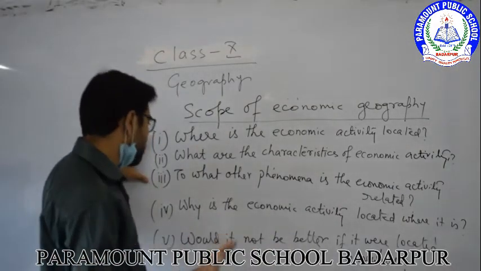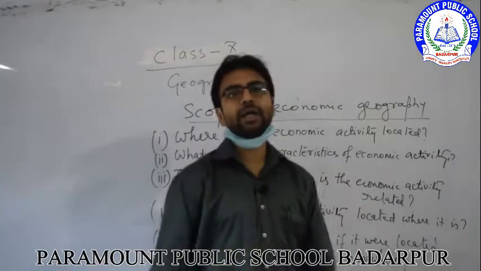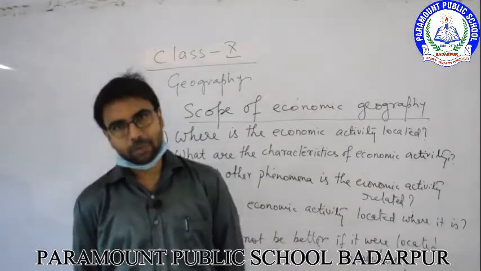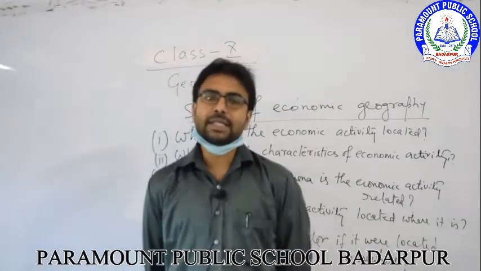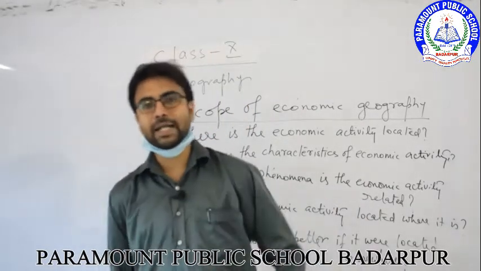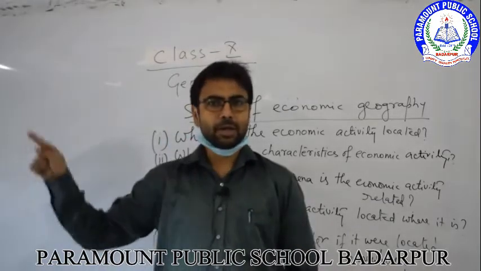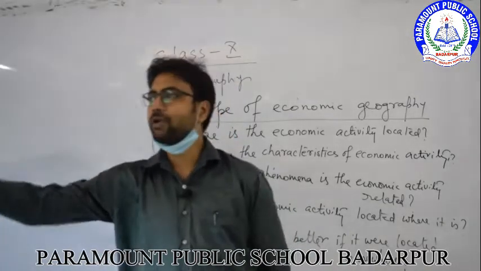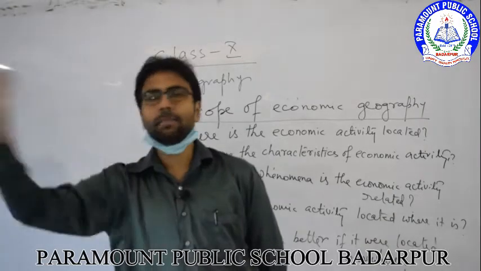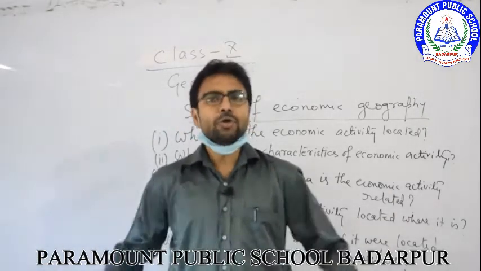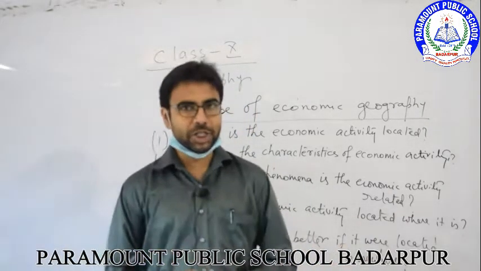The fourth question is, why is this economic activity located where it is? That is, why are you trying to catch fish here in the backyard of your house? You could go to the river to catch fish.